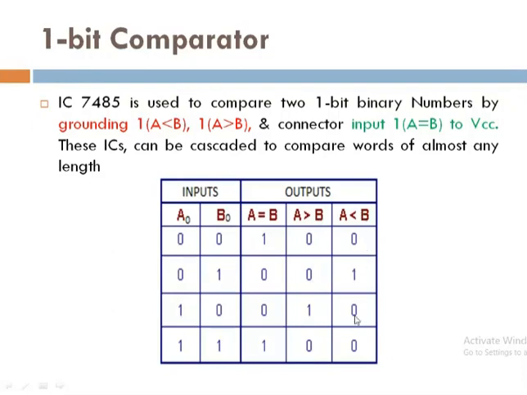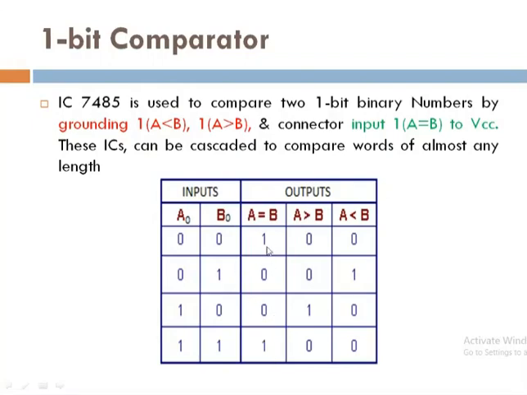For A is less than B, 0 1 means one cell is high, and the remaining three cells are 0. But in case of A is equal to B, the 0th and third cells are high and the remaining two cells are low.